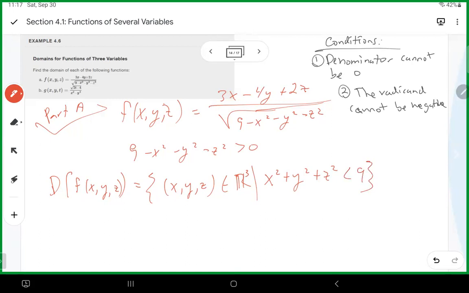Okay. Which describes a ball of radius 3 centered at the origin. Note the surface of the ball is not included in this domain.